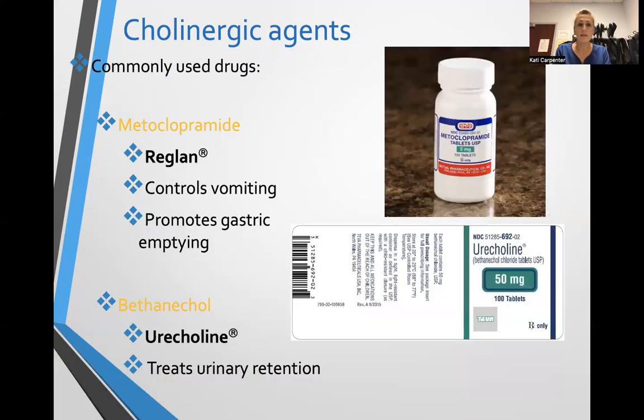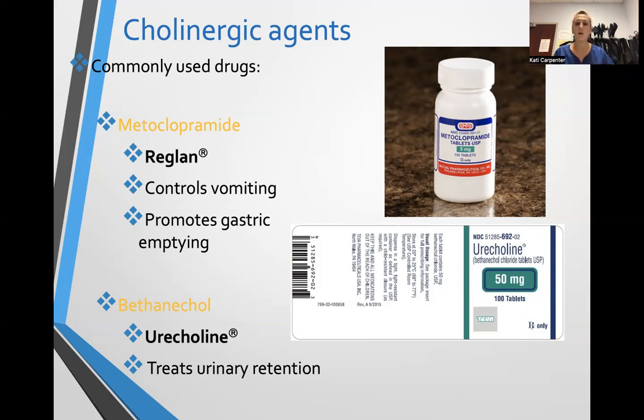Here's a couple examples. Metoclopramide, trade name Reglan, is used to control vomiting, usually vomiting from just a sick stomach, like a sour stomach. And it promotes gastric emptying. Some people and animals have an issue where the stomach isn't mixing as much as it needs to, and it's sitting in there and fermenting and causing a lot of sickness.